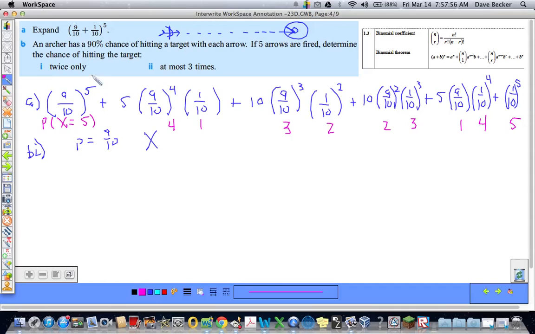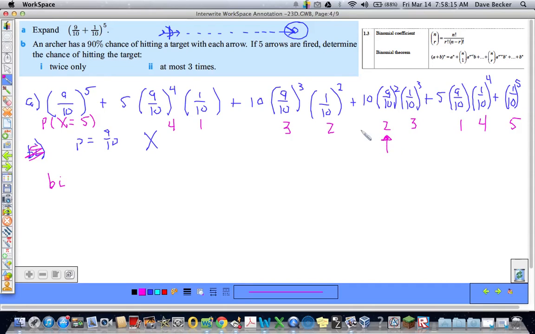So what's the probability that it hits twice only? Well, that's the probability that the random variable X is equal to 2. That's right here. This is the only place where we have 2 successes.